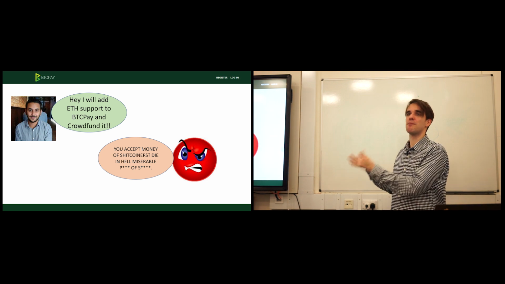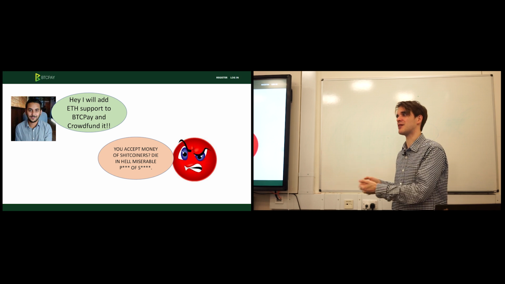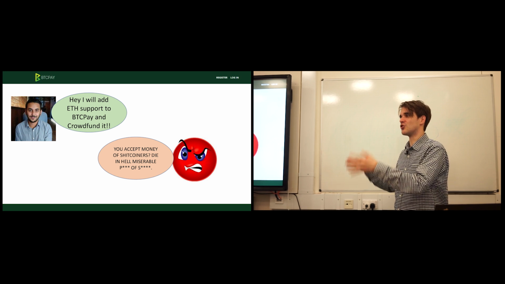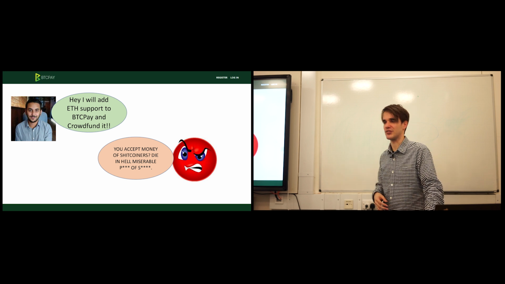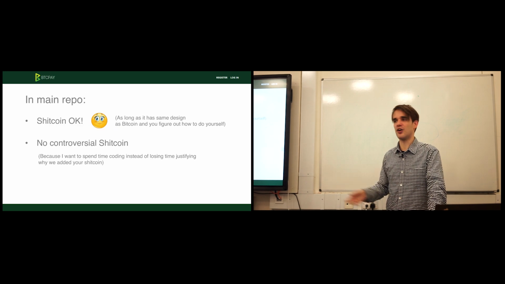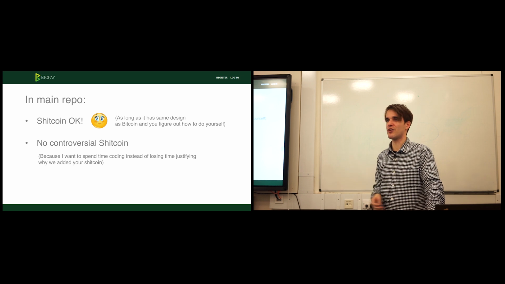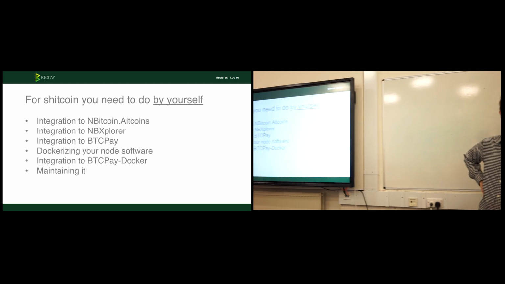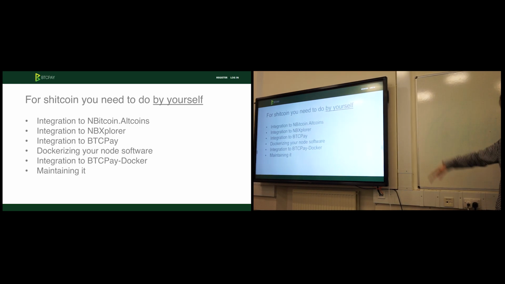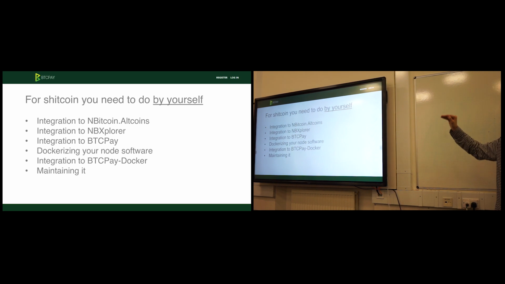But I encourage people, if they really want Ethereum and want to do something, they should be able to easily fork and do their own stuff. So on my side, shitcoins are okay. No controversial shitcoins, like Bitcoin Cash and BSV. If you want your own shitcoin, there is a list of what you need to integrate. There are unit tests everywhere, so you can validate if you did it right.